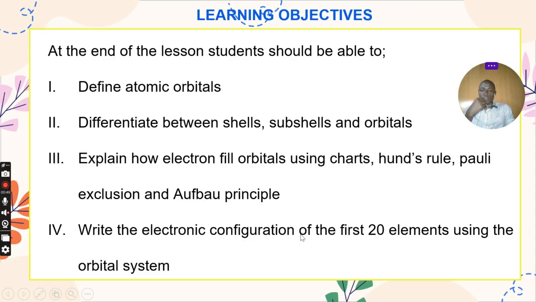You should be able to write the electronic configuration of the first 20 elements using the periodic table. So basically, this is what we'll be focusing on in this lesson.